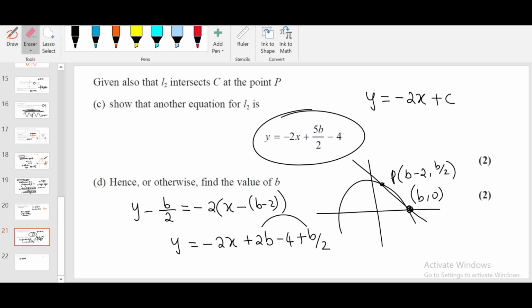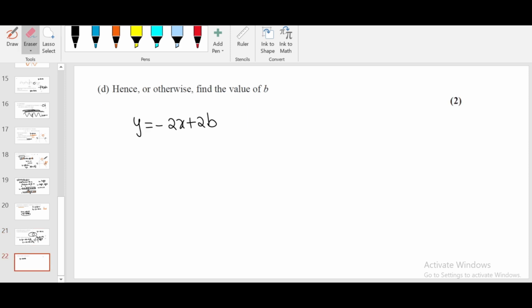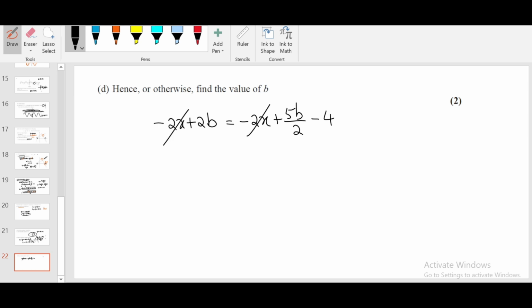So equate both of them. y is equal to minus 2x plus 2b, and minus 2x plus 5b over 2 minus 4. Equate them, you get the value of b already. 2b minus 5b over 2 is negative 4. This is basically minus b over 2, so b is equal to positive 8. That's all. A lot of parts in this question, all like 2 marks.